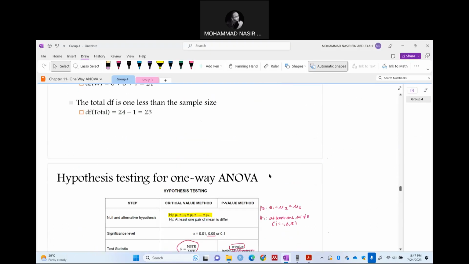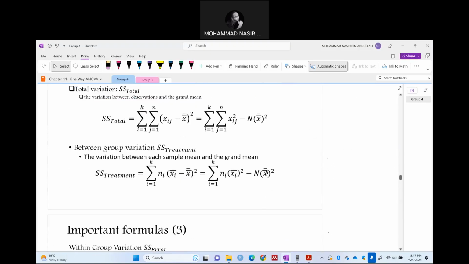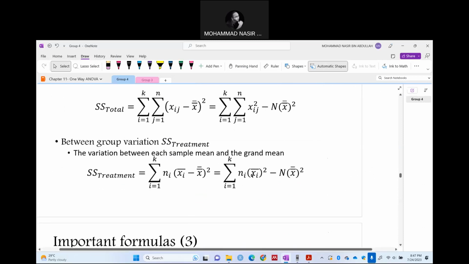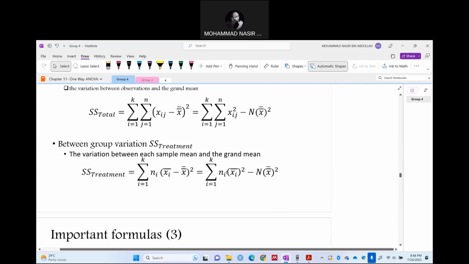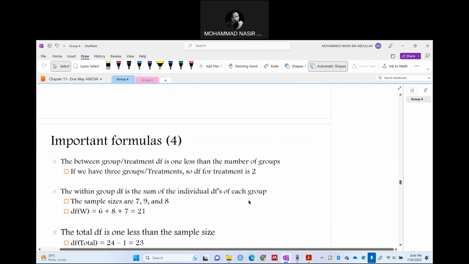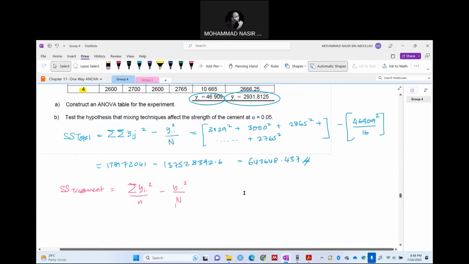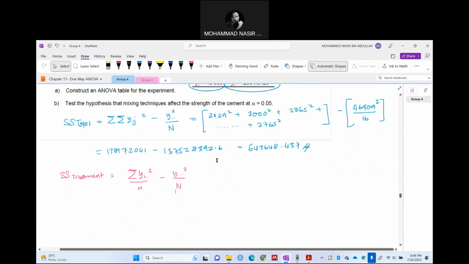Kalau kita tengok this one, dia guna formula this one. It's the same formula, right? So n multiply with xi square minus x bar bar square. So you can use this formula as well, but I prefer this formula more than that formula. But later on kita tengok formula tu macam mana nak calculate.